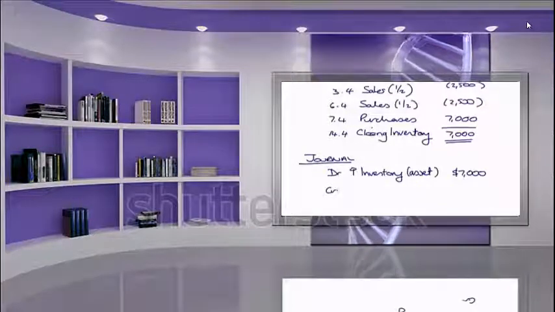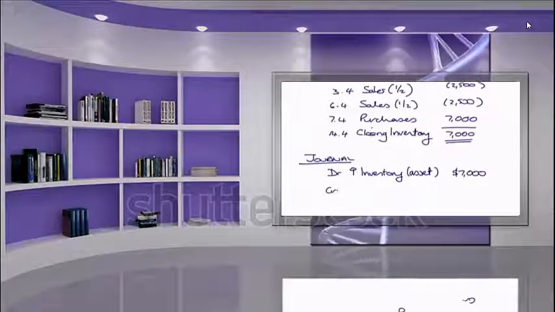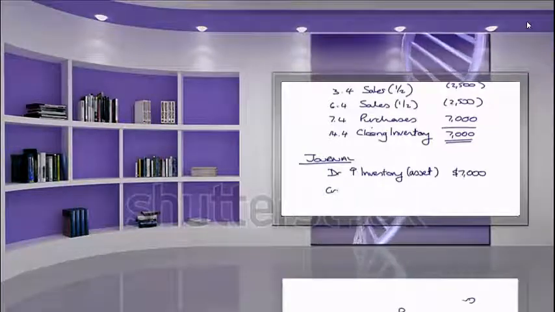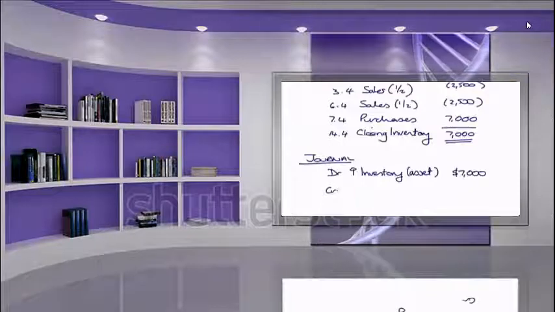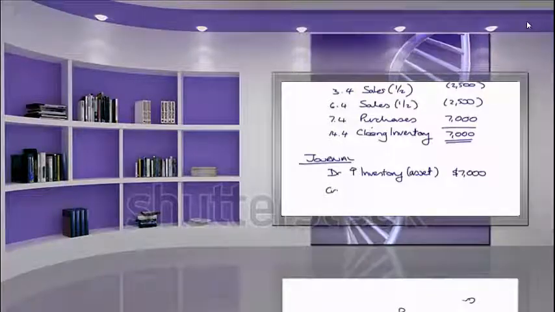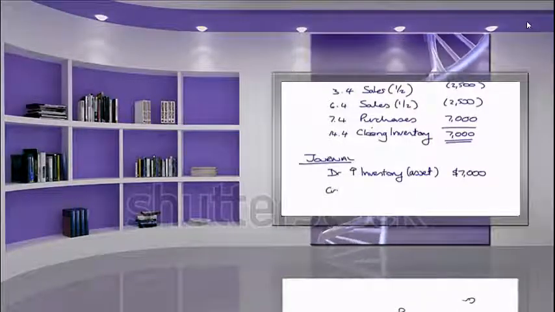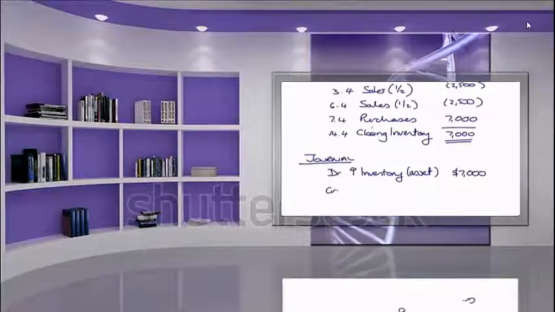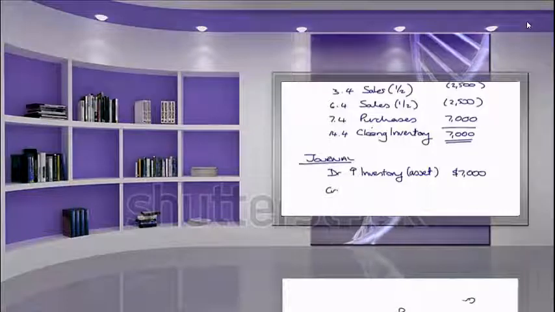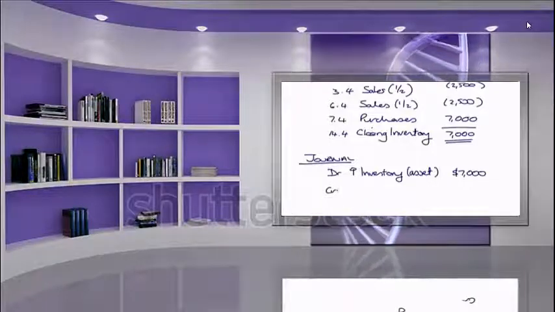Now, as I explained when we looked at the statement of comprehensive income in detail in earlier sessions, we need to see closing inventory not only as an asset, but also as a reduction in our cost of sales in our statement of comprehensive income. Let's write that down. Okay.